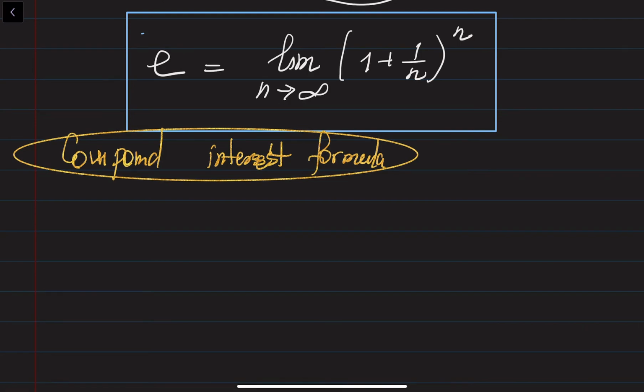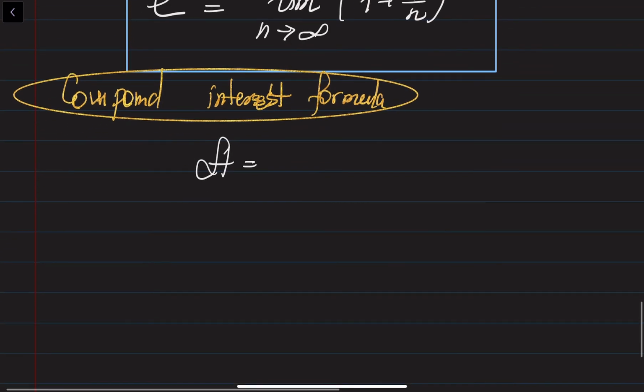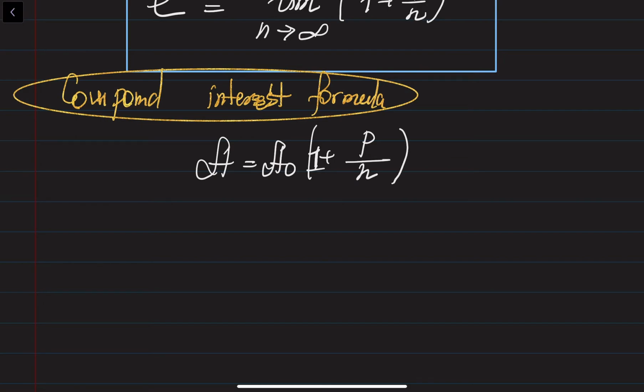The amount A which we'll get after some period of time is going to be equal to A0 times (1 + P/N) to the power of N times T. It was just N in our previous formula, and I decided to multiply by T, where T is going to be the years.